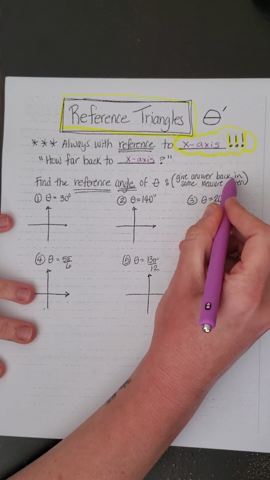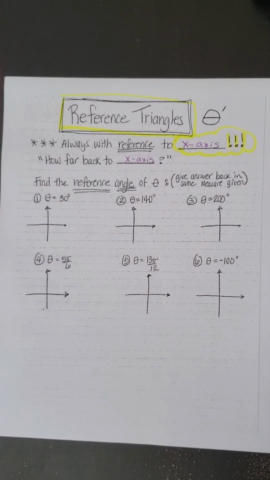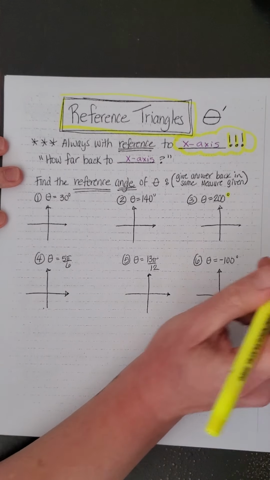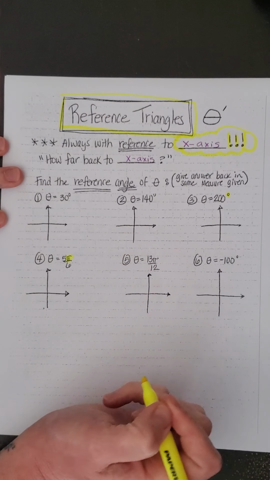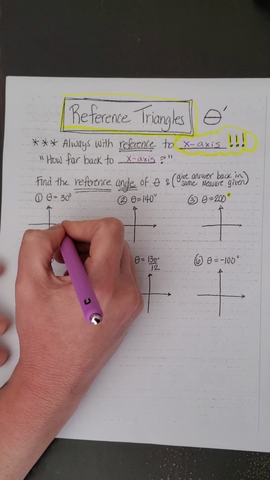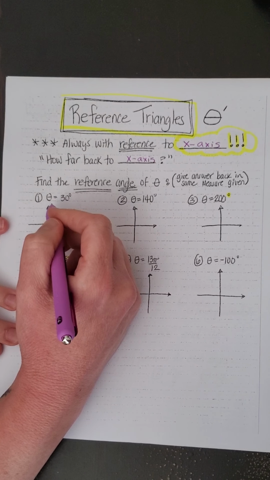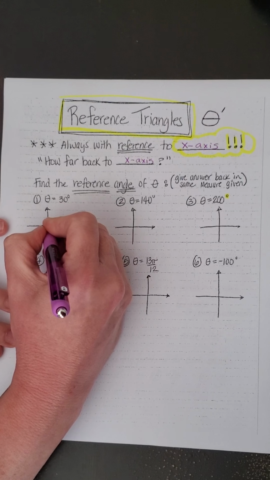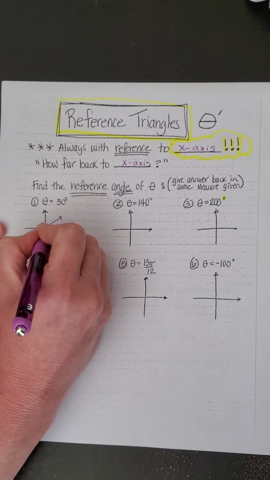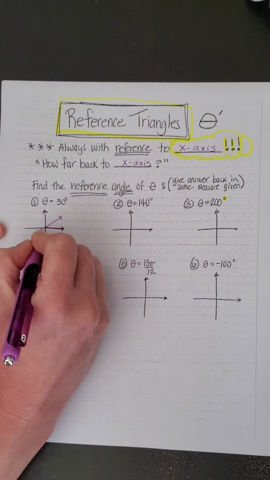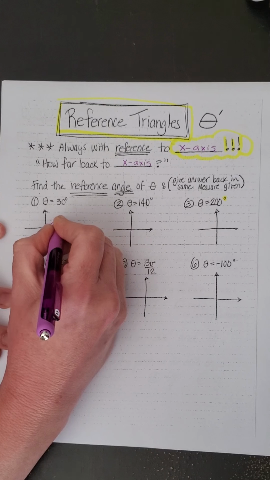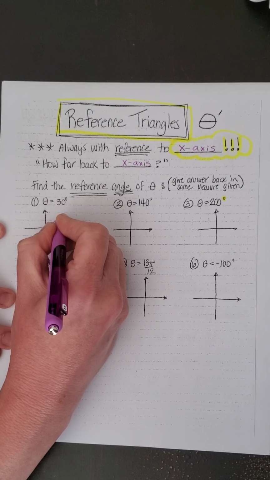So it says find the reference angle of theta. Give answer back in same measure given. So what that means is if we're in degrees, we're going to write our answer in degrees. And if we're in radians, which is pi, we're going to write our answer in radians. So 30 degrees. How far back to the x-axis? So if I were to draw a 30-degree angle, I would start with my ray on the x-axis, and then put my 30-degree angle right here.